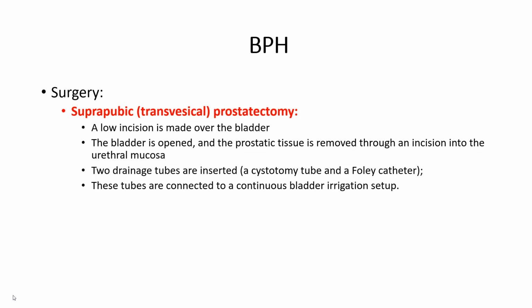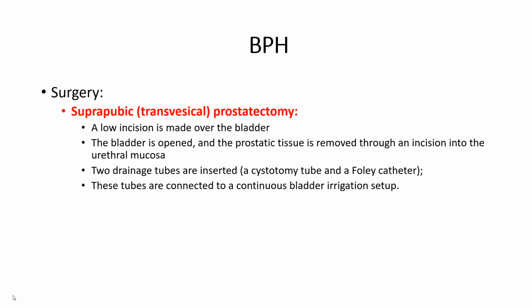And with surgery, you want to make sure they have that low incision over the bladder. You want to look at that abdominal dressing for any urinary drainage and change it frequently. That's because urine irritates the skin. You want to make sure that you change that dressing frequently.